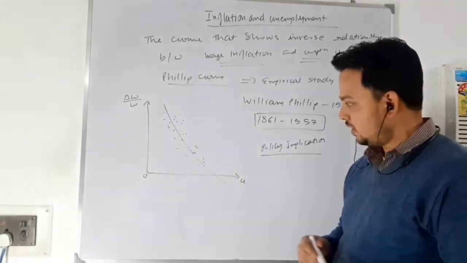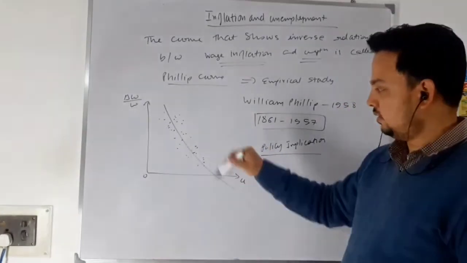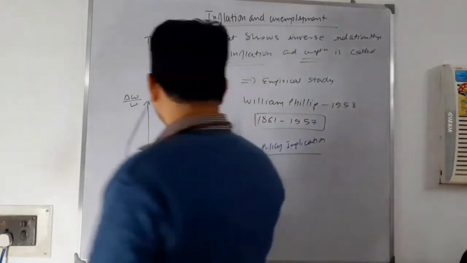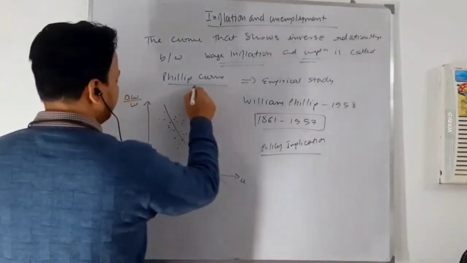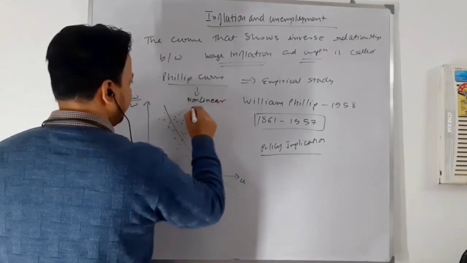Now look at this curve. Before I explain more, let me explain this curve. So this is a non-linear stable relationship.